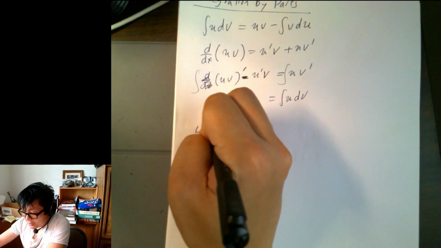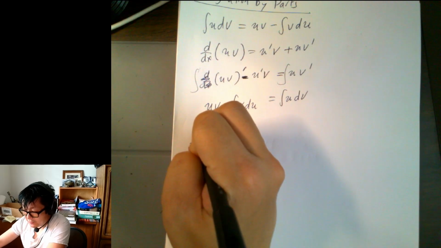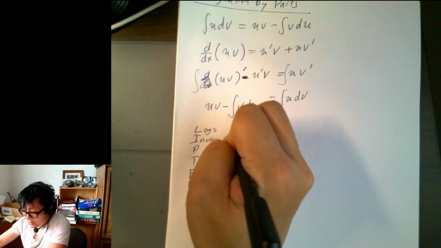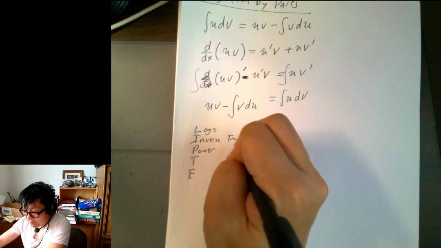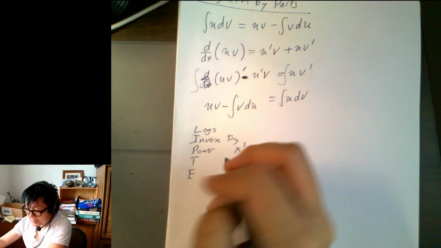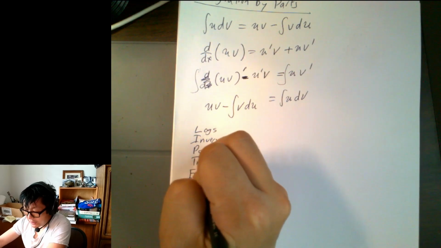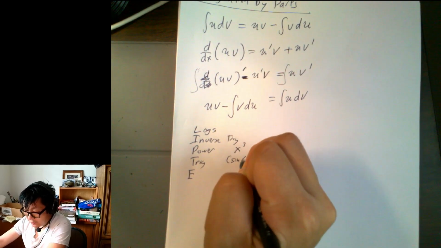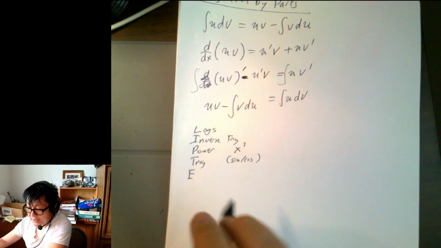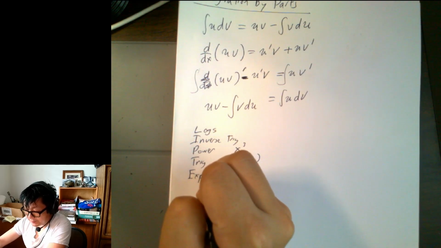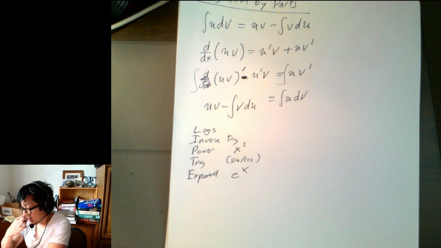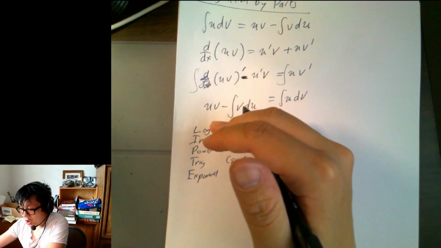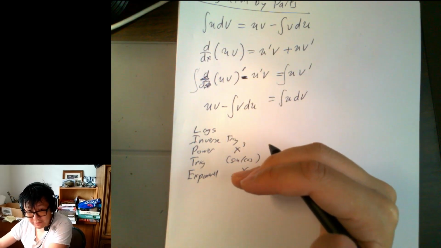L stands for logs, I stands for inverse trig, P stands for power. This is like x to a power. T stands for trig, usually sine and cosine. And E stands for exponential.